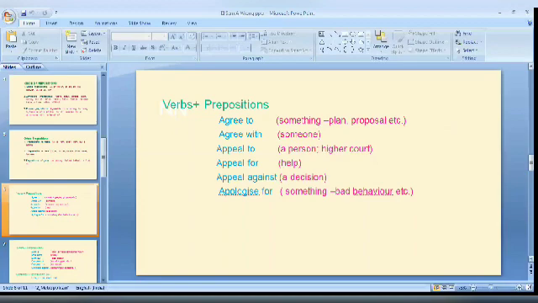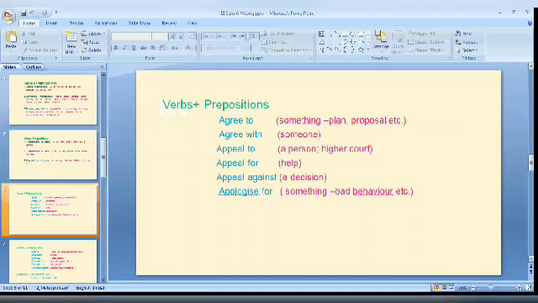And the second combination is agree with. Agreeing with someone, with some person. For example, we can say, I totally agree with his ideas. Next example is appeal to.